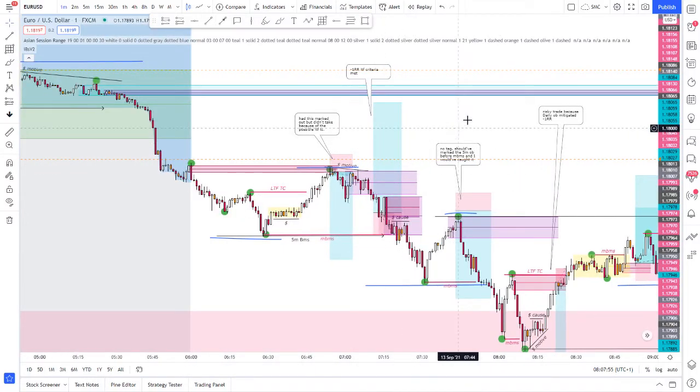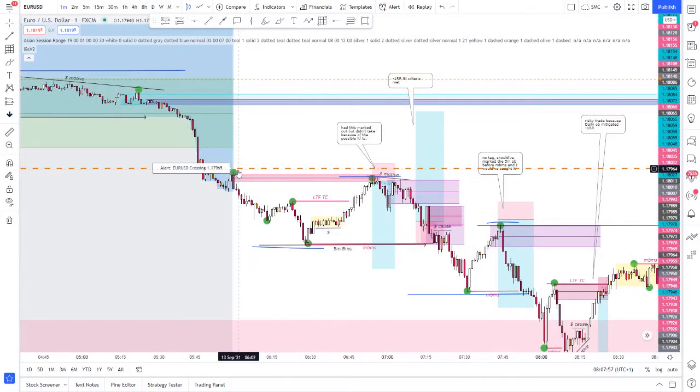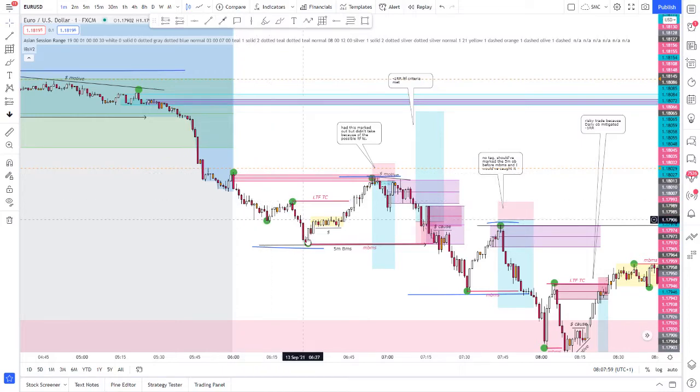I'll just go through the trades, each one. The green dots are the highs and lows of the 1 minute. Now this is subjective, okay? For example, someone might think this is the high and this is the low, and these in between don't exist. Or someone might think this is the high, this is the low, high, low, high, low.